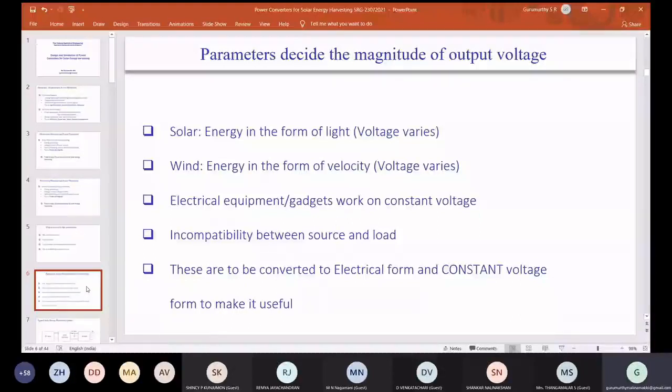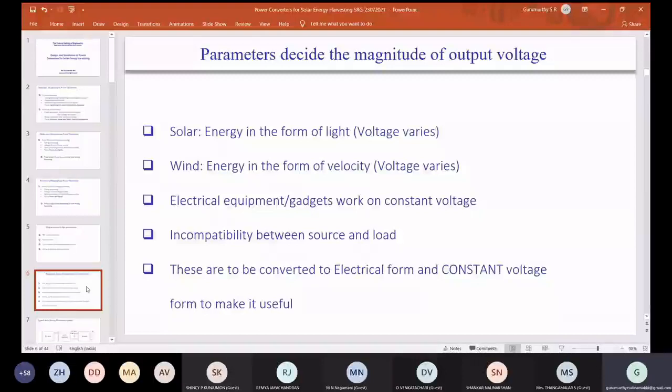Okay. So now once we talk about electrical, then voltage. The solar cells will convert the solar light into voltage. As the light intensity varies, the voltage also varies. In case of wind, as the wind velocity varies, the voltage output also varies.